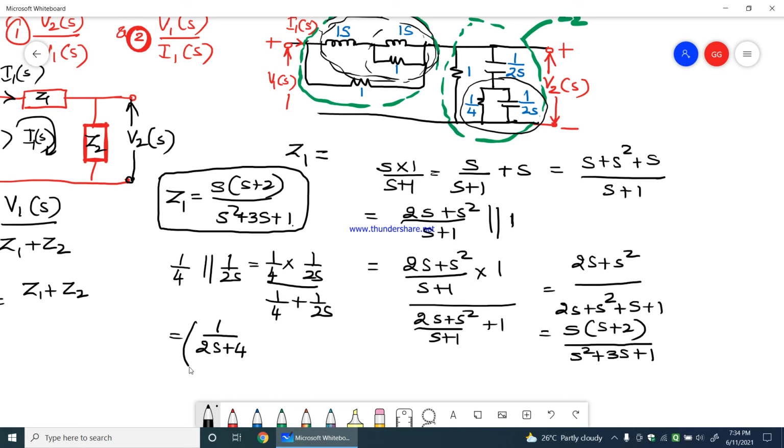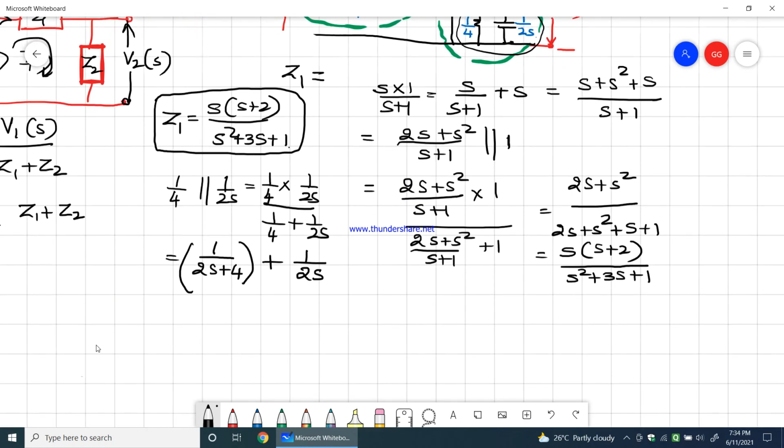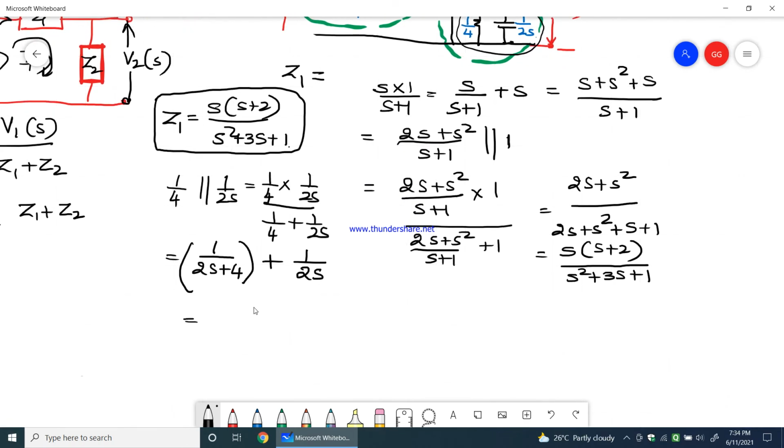Now that parallel combination in turn is in series with this 1 over 2s, therefore it will be added with 1 over 2s. So what do I get here is 2s plus 4 divided by 2s into 2s plus 4.